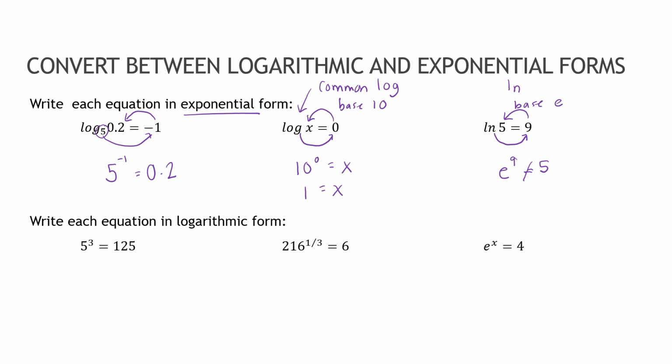Now let's go in reverse. So the base is always the base. Remember, I'm writing it as a log, so you can always start by writing log, and then the base is going to be 5. So log base 5 of 125 equals 5. Oh, I'm sorry, equals 3. I swirled too far. Equals 3. So the base stayed the base, and then I swirled and swirled again. Same thing here.